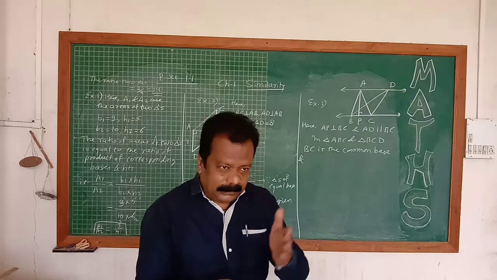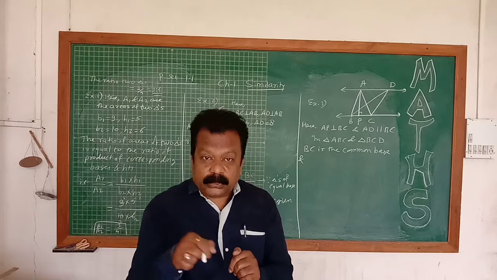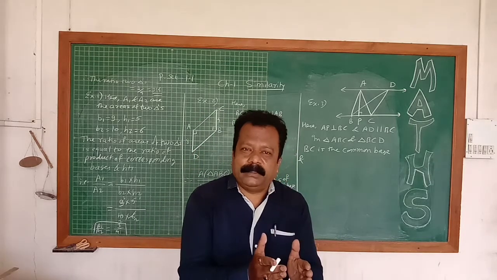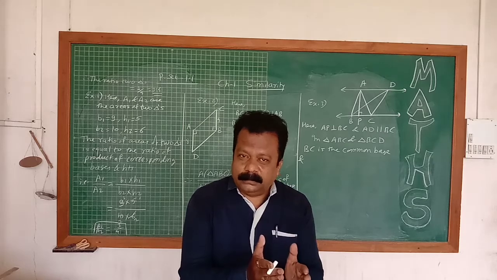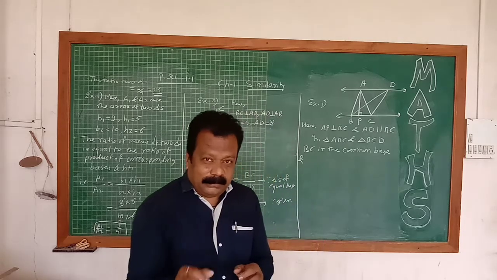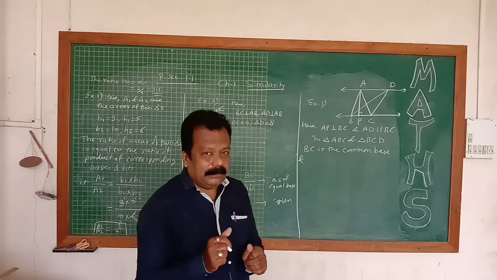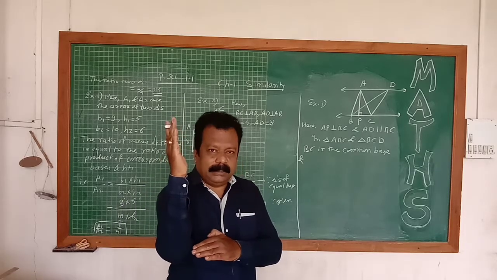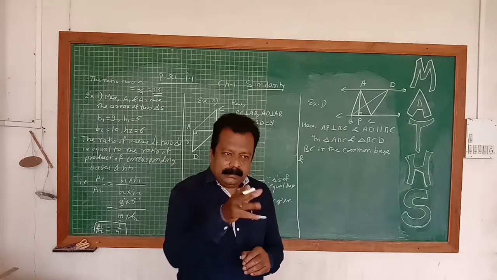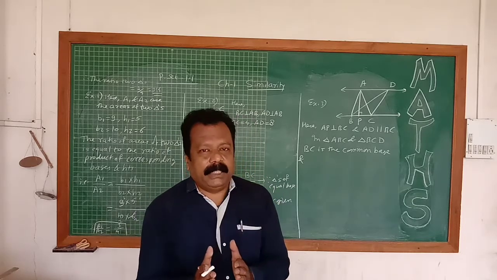Those who are making steel windows, how do they know mathematics? They don't know the word parallel, but they make the bars with the help of a protractor at 90 degrees, or a steel scale, measuring 90 degrees and making the bars.